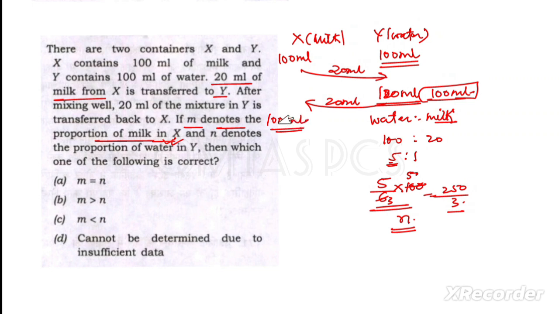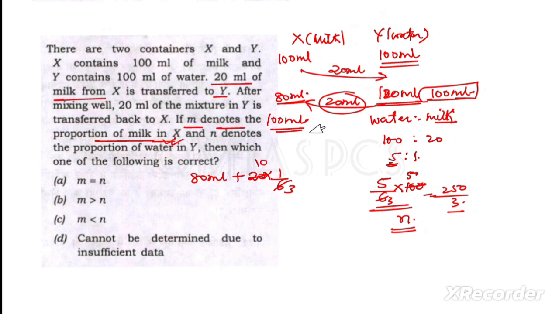Okay, so here we have 80 ml of milk. So 80 ml of milk plus the volume of milk from this one. So it will be 20 multiplied by 1 by 6, so it will be 10 by 3.